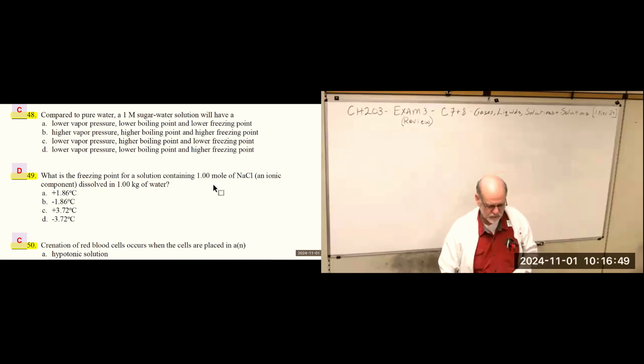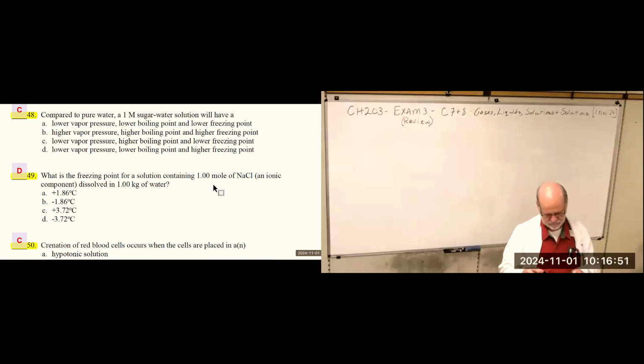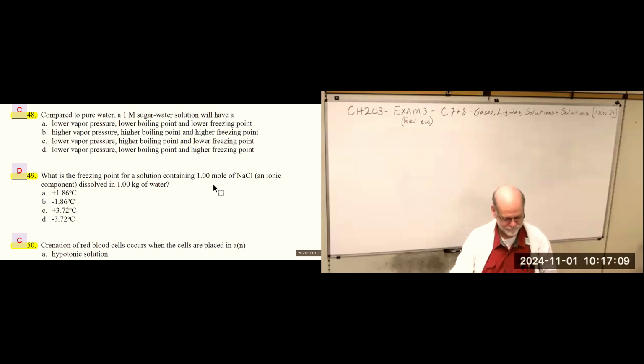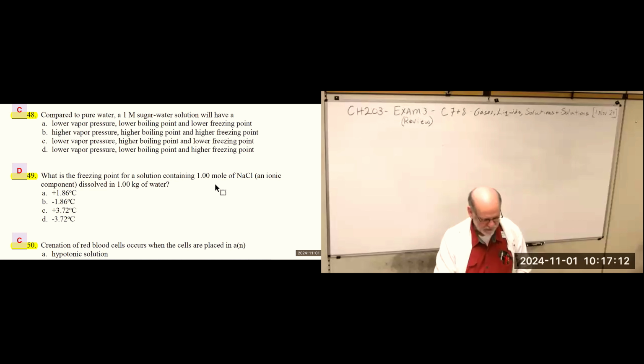Now, which colligative property did we leave out in that one? There's another one. Right. Remember the giant sequoia tree we talked about? Osmotic pressure. Okay.